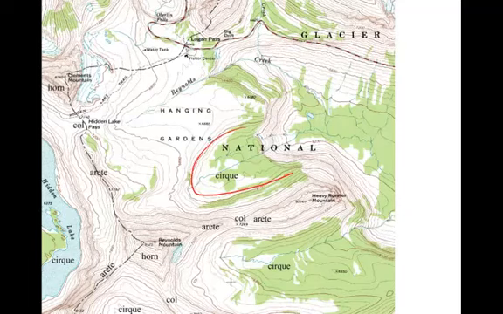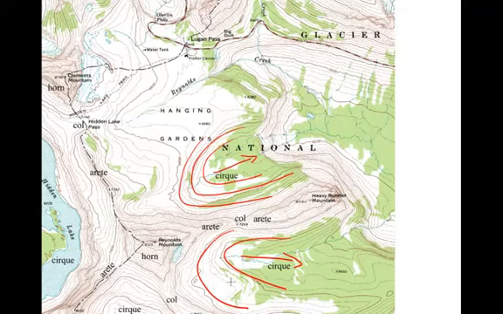A cirque is a broad, bowl-shaped depression eroded into the mountainside by an alpine glacier. There are many fine examples of cirques in the map area.